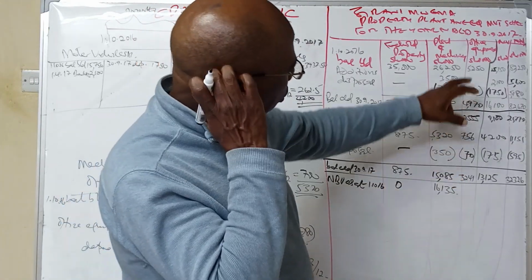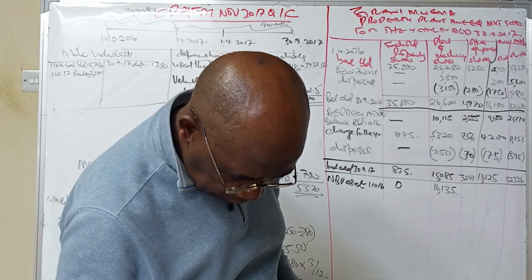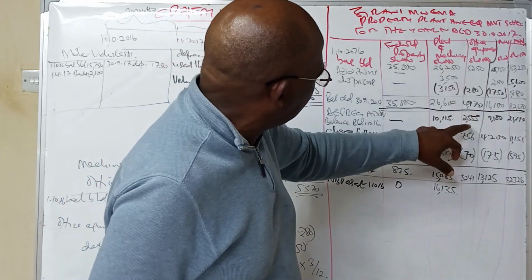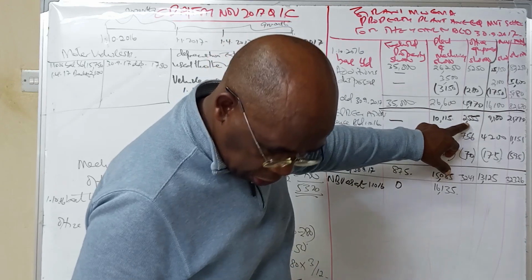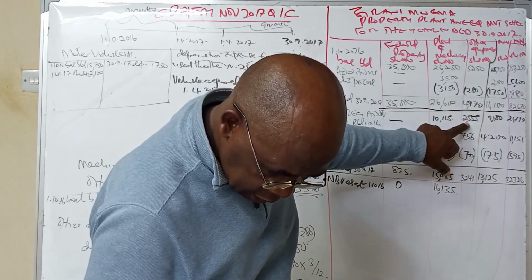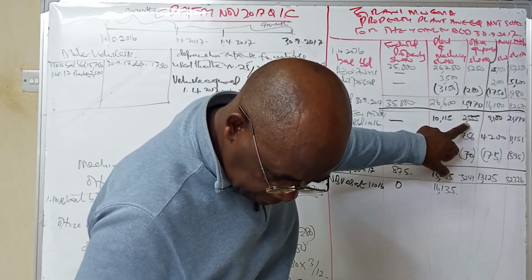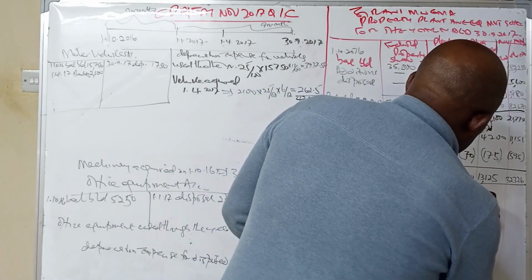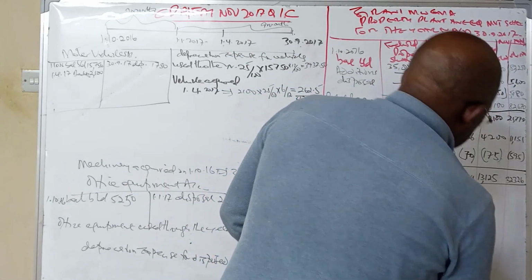So again, we go to office equipment, it was 5250 minus accumulated depreciation at the beginning of the year, which was 2,555. You get a figure of 2696.